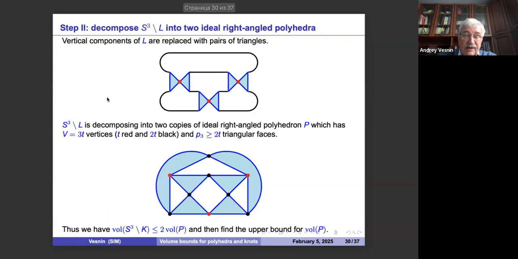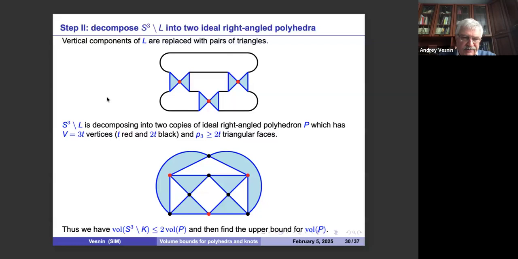And after that, we can use the idea from Lackenby, Agol, and Dylan Thurston to decompose the link complement into two equal ideal rectified polyhedra, and this is just very schematic. I'll explain how we do it. You can think that we replace each additional component by a pair of triangles.